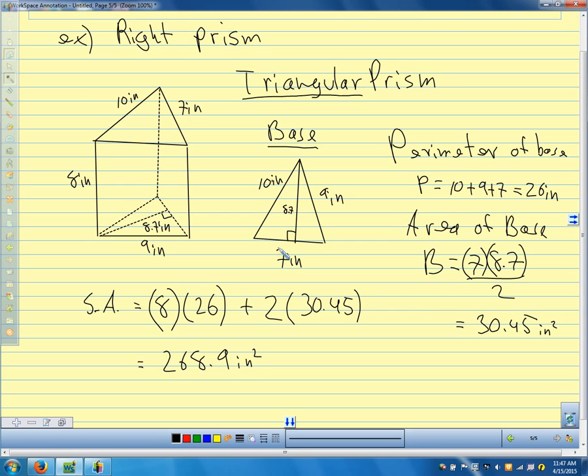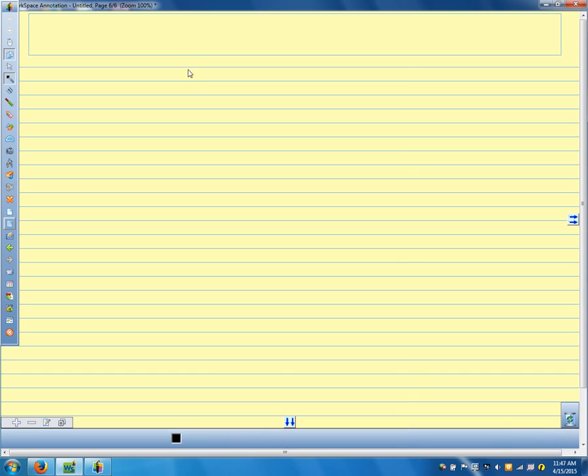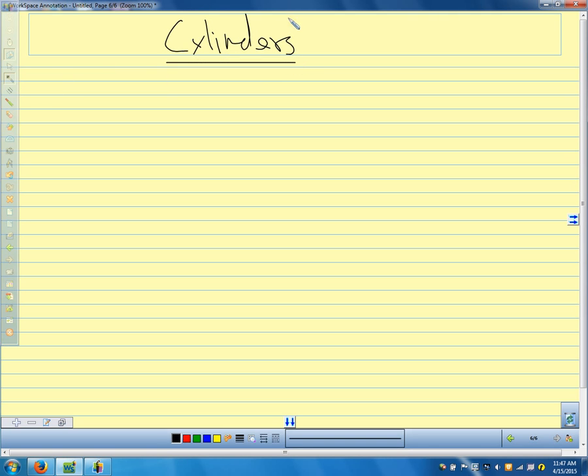Okay. Prisms have curved cousins. I call them curved cousins. Cylinders. And we'll get to why I call them their cousins in just a second. Cylinders are not polyhedrons.